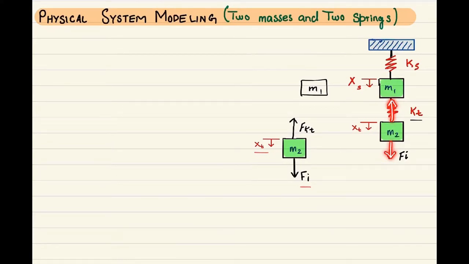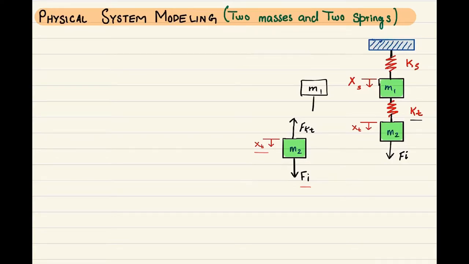However, for M2, because of this input force Fi, this mass M2 will pull this mass M1 downward as well, which means Fkt, which was a reactive force, will turn into an input force for M1 and pull this mass downward, and as the reaction, the force produced by Ks will pull this mass upward. So we are going to have another force, named Fks, that will pull this mass upward.